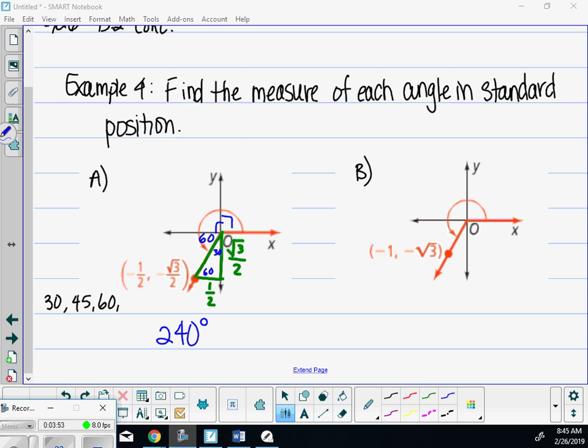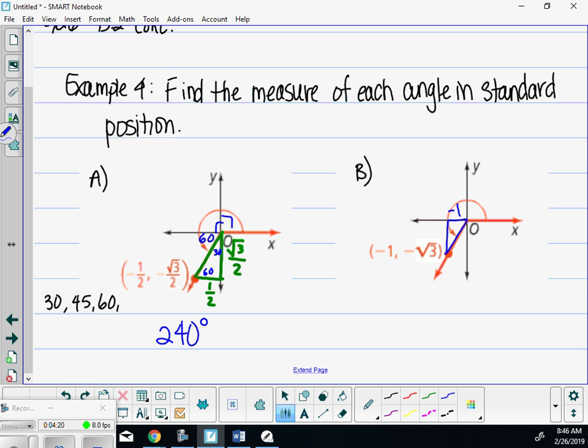So part B, you can draw in your right triangle, either against the x-axis or the y-axis. The fact that this is -1 tells me that my x value for this point is -1.